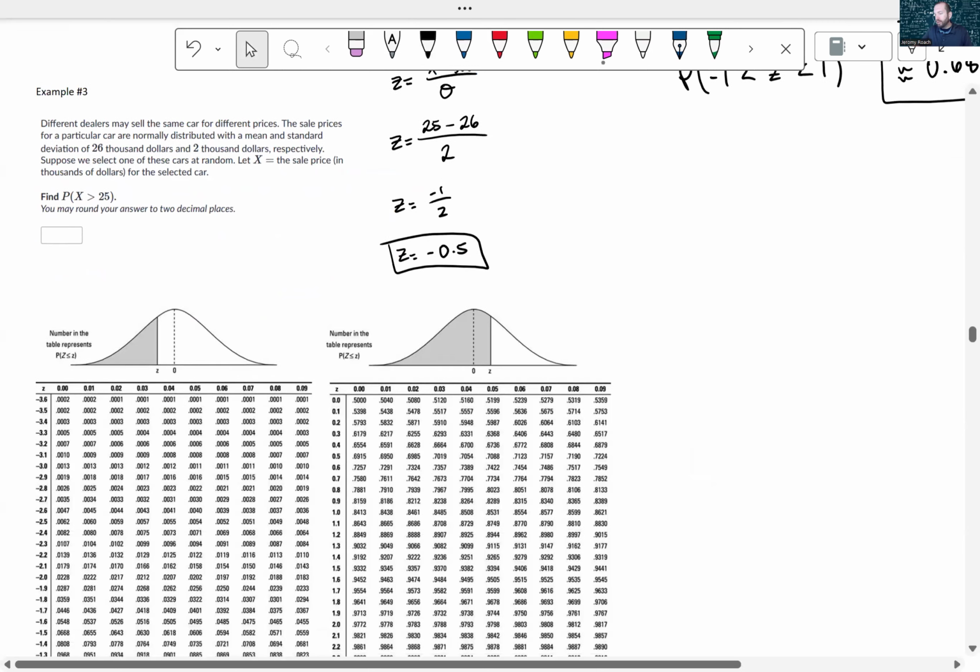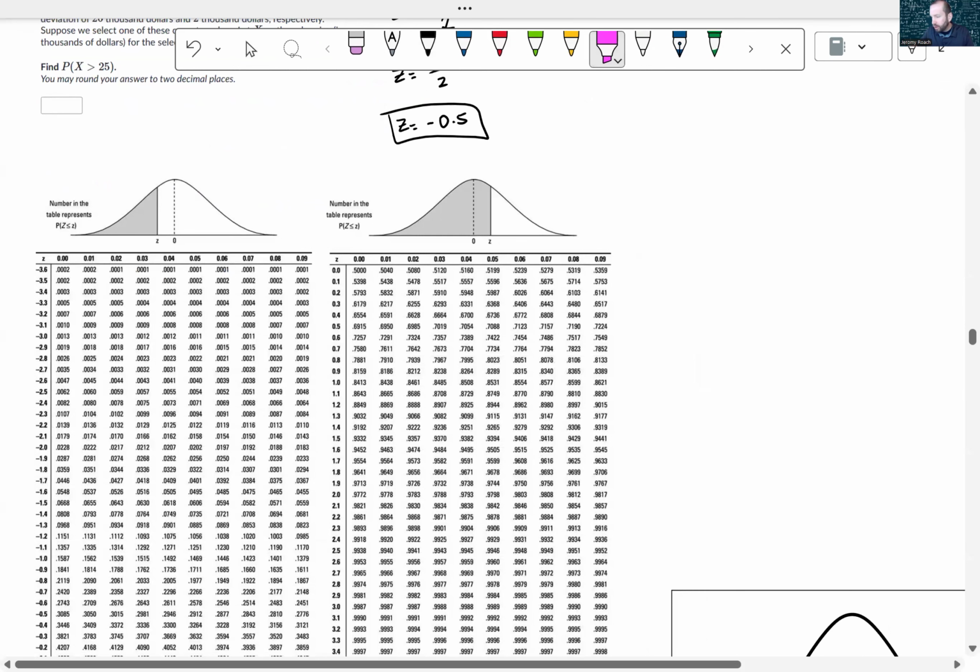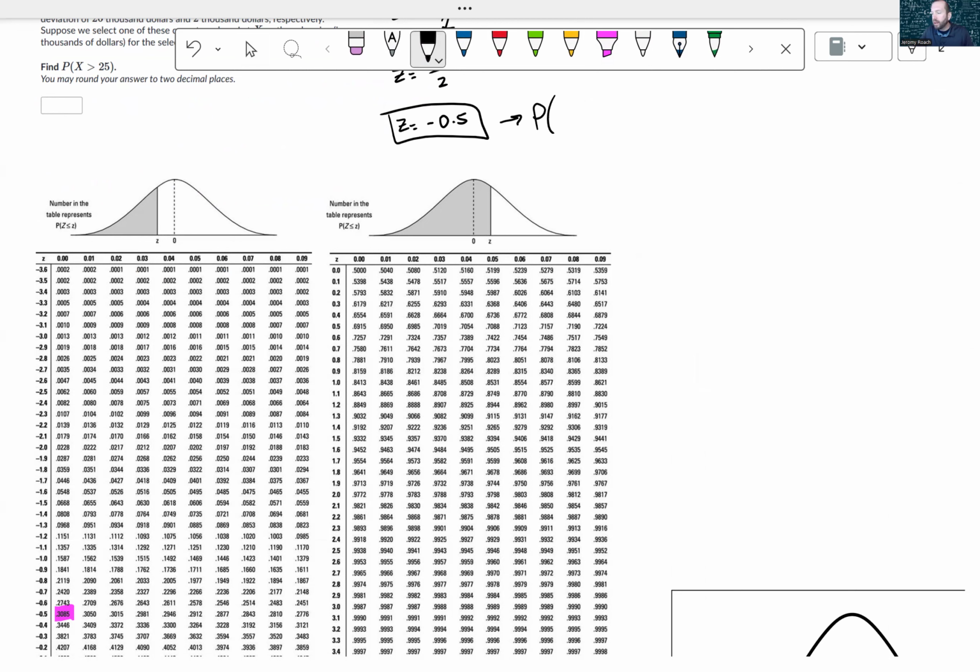Now let's find what that is on our z-table. So we have -0.5. Looks like we've got 0.3085. Now this z-score is associated with the probability that z is, excuse me, we're going to say that the probability that x is greater than 25 is equal to the probability that z is greater than negative 0.5.